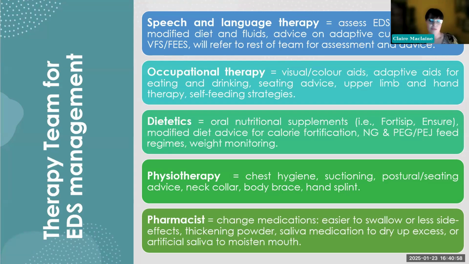So to me, the occupational therapist is really the most important person that I would work with, especially in brain injury. Obviously, a dietitian, if somebody's needing NG feeds or PEG feeds, or nutritional supplements, like the 40 sips and Ensures, to make sure they're getting the right amount of nutrition and hydration. And then the physios, obviously. I don't want the physios to come in and do chest hygiene.